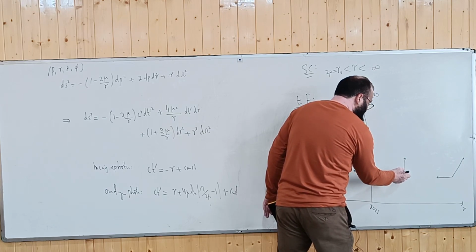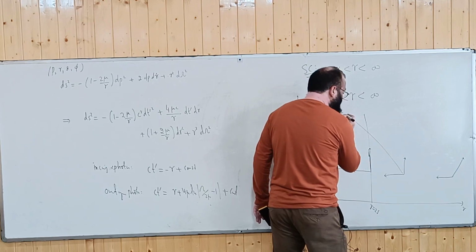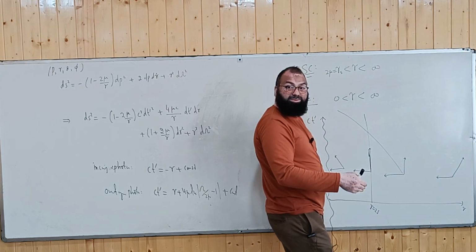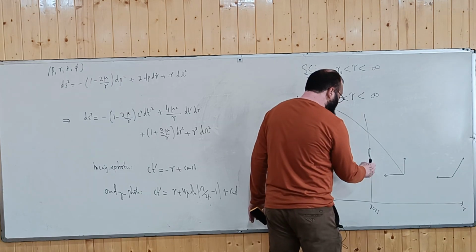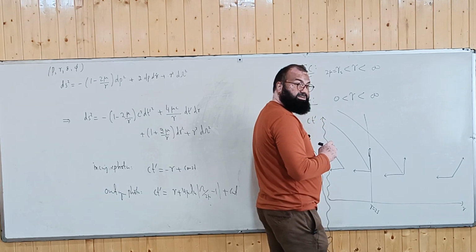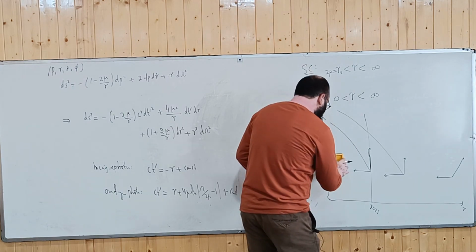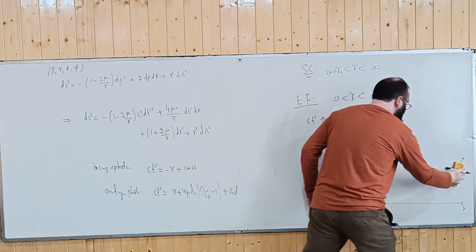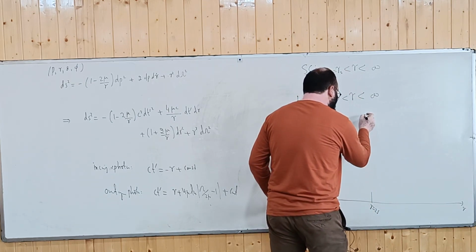So let me draw some trajectory. It will be a continuous line, because as it passes, it crosses R equal to 2s. So what will happen here? It again crosses. These are continuous lines, so let me draw them in a good fashion. What are the incoming and the outgoing lines?